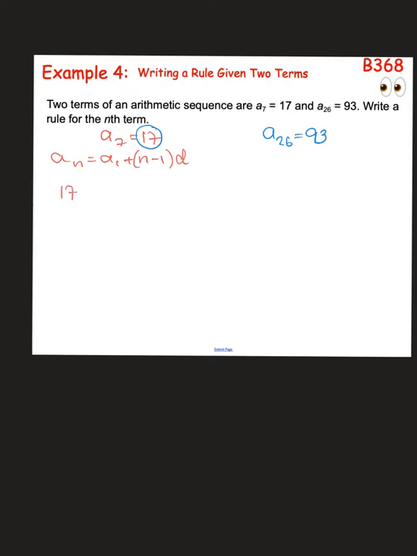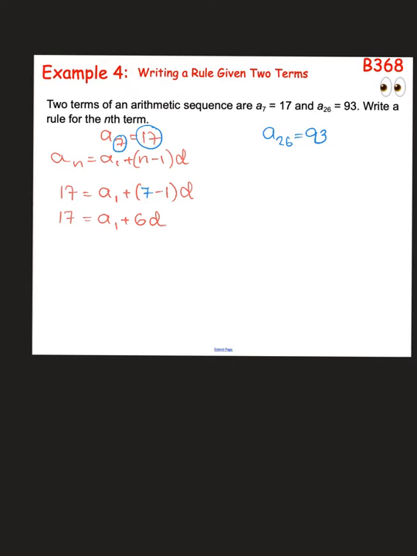So 17 will equal, I don't know the first term. However, I do know n is 7 for the 7th term. So 7 subtract 1, and again I don't know the common difference.